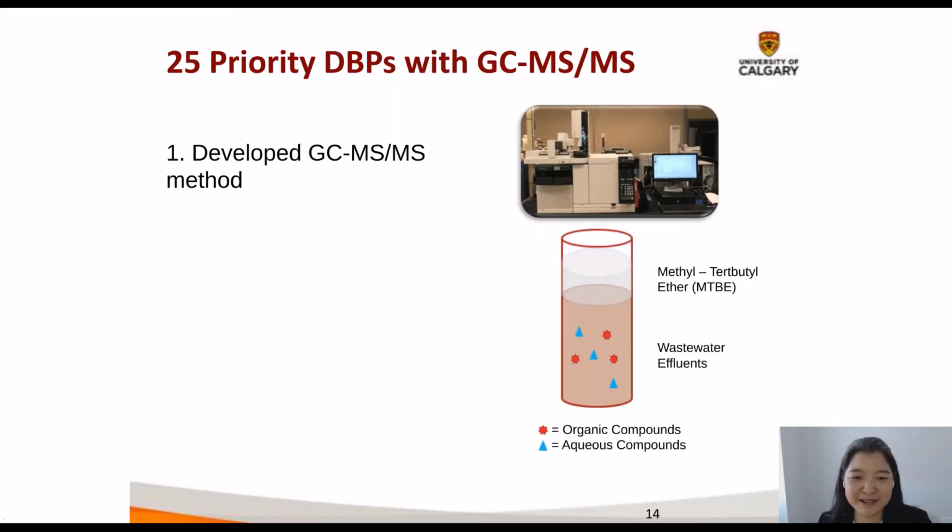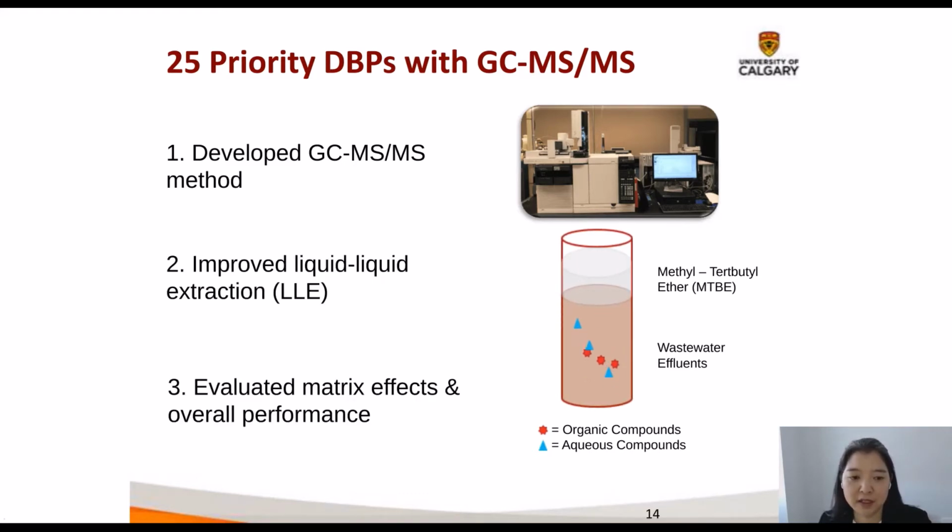And so we developed this method for 25 priority DBPs with a GC tandem mass spec. This was followed by an improved liquid-liquid extraction. And then we evaluated this analytical method for matrix effects, especially with secondary treated effluent, as well as the overall performance of the analytical method.